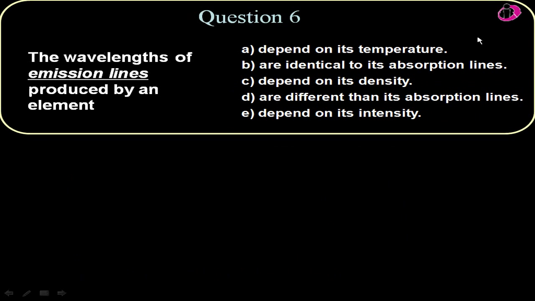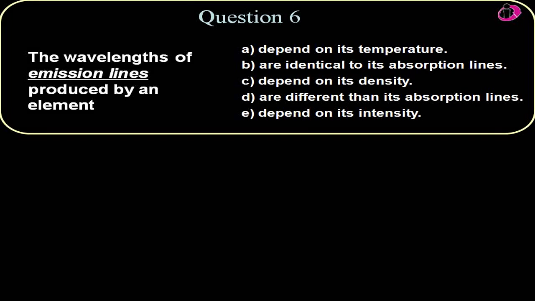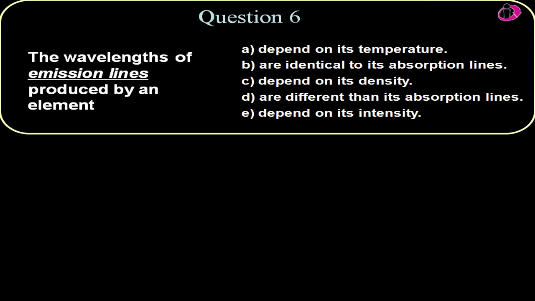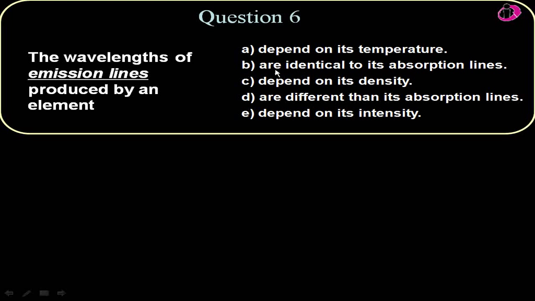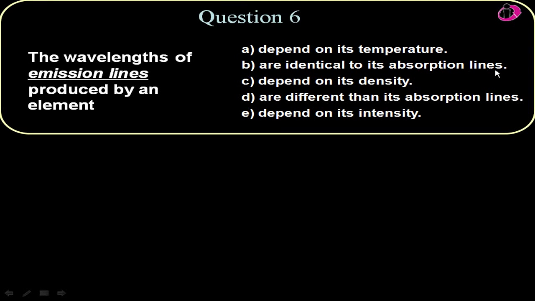Question 6. The wavelengths of emission lines produced by an element. Well, we talked about how the wavelengths of emission lines produced by an element are kind of like a fingerprint of that element. Let's see what we got here. A, depends on its temperature. B, are identical to absorption lines. Yes.